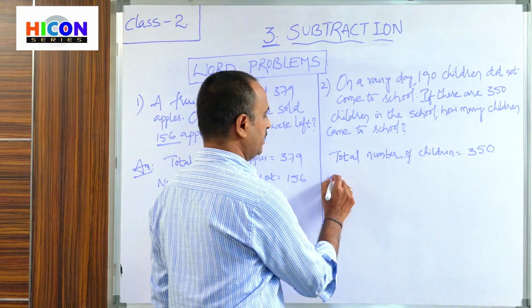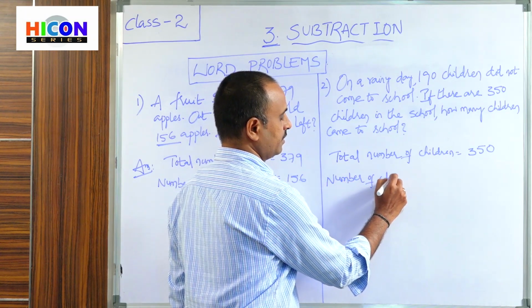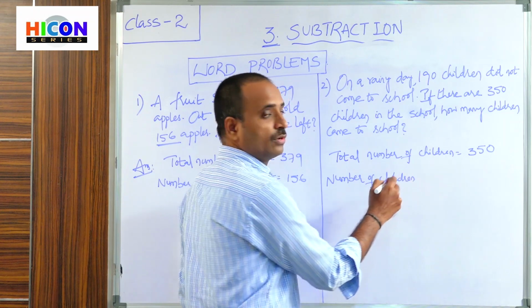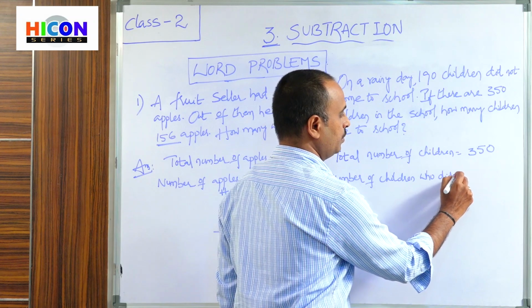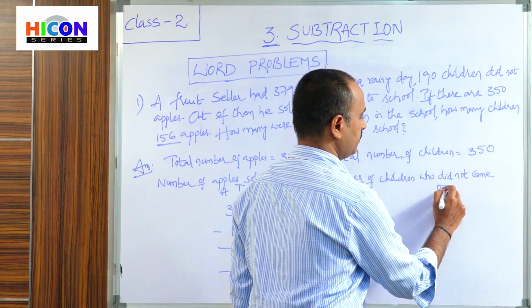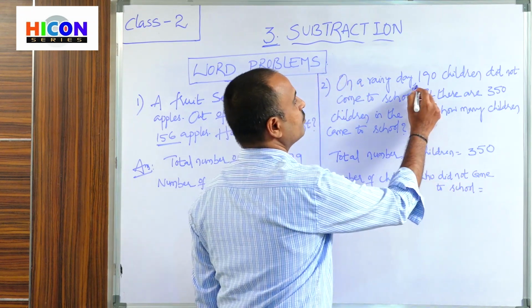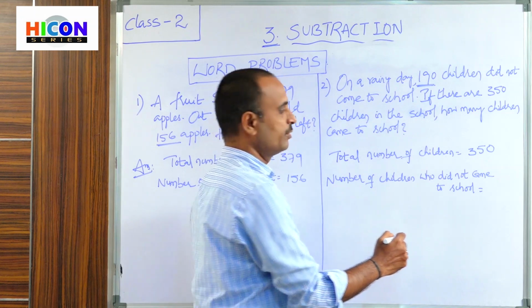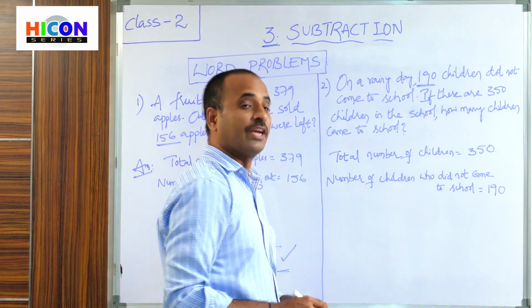So number of children who did not come to school is equal to how many children? So 190 children did not come to school. So how many children came to school?